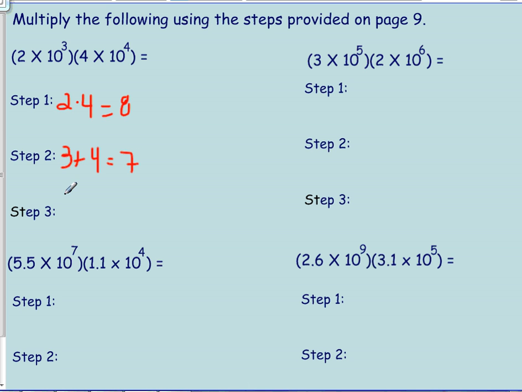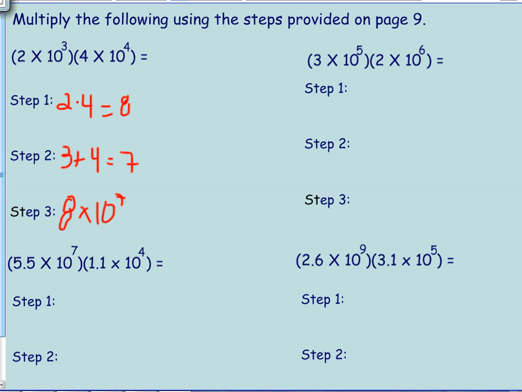And then we combine this. So then we have 8 times 10 to the 7th power. All right. So pretty simple. Very simple. Okay.